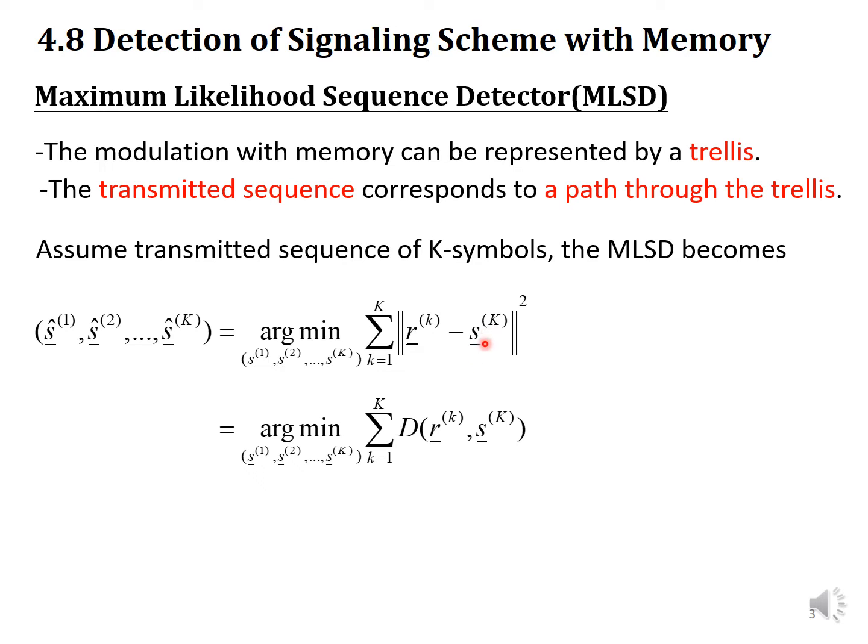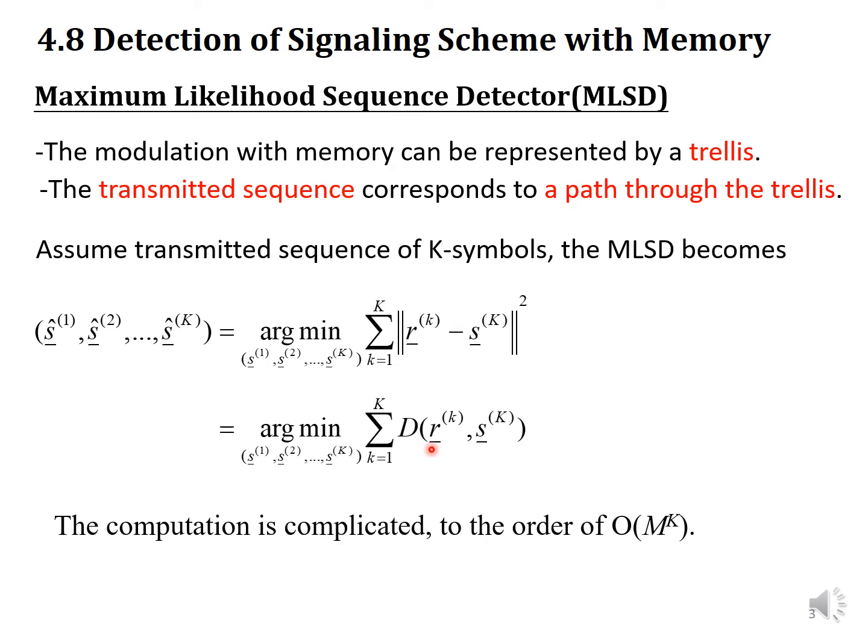So we take the distance of all the possible paths in the trellis and compare with the received sequence, and then we make a decision from the trellis, deciding which sequence in the trellis has the minimum distance from the received sequence. So this is called maximum likelihood sequence detection.